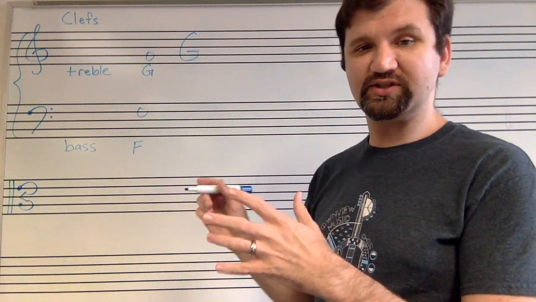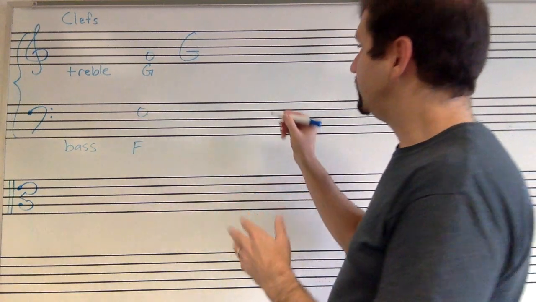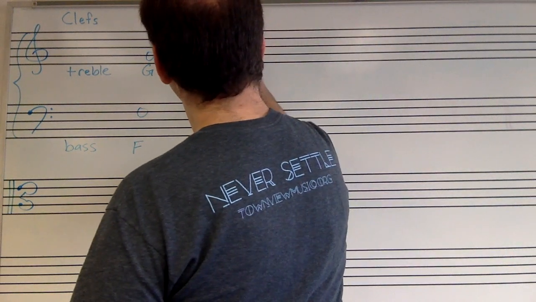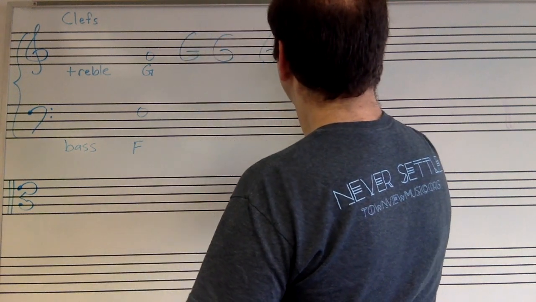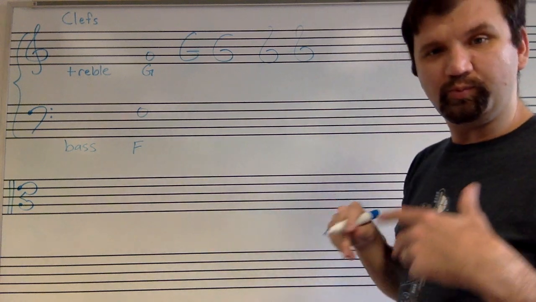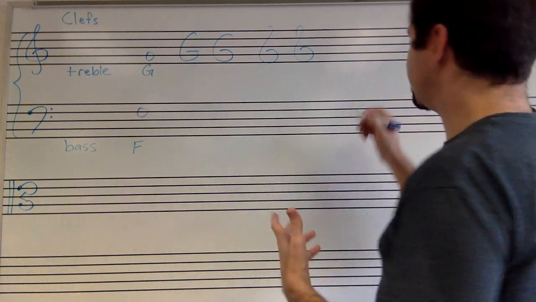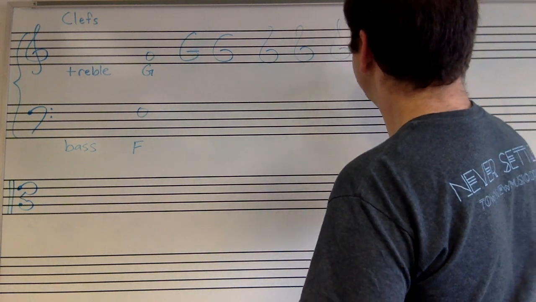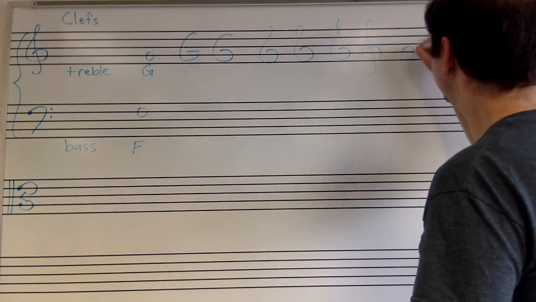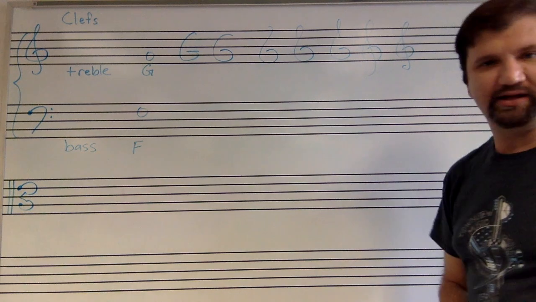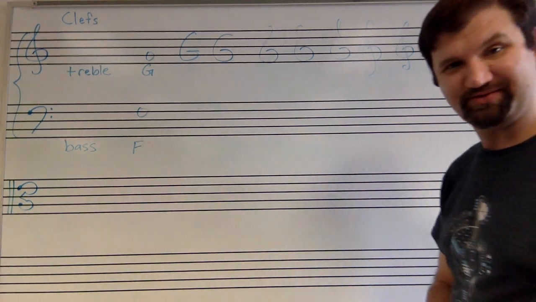Over time, musicians who were in a rush, you can easily see how this, when it gets ornamented and decorated over time, could turn into what we know today as the treble clef.